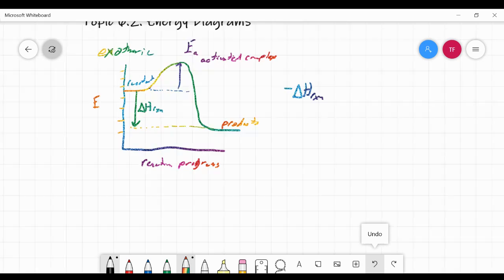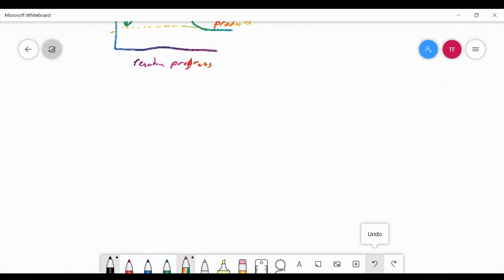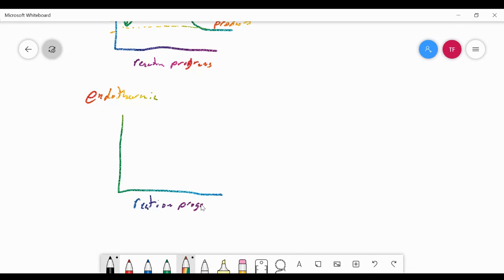Okay, so now let's talk about an endothermic reaction. What's an endothermic reaction going to look like? So endothermic, endo means going in, so heat going into your reaction. So this one is going to absorb energy. So our coordinate's going to be exactly the same. We have our reaction progress down here, sometimes called the reaction coordinate. Over here on the left axis, on the y-axis, we have energy.